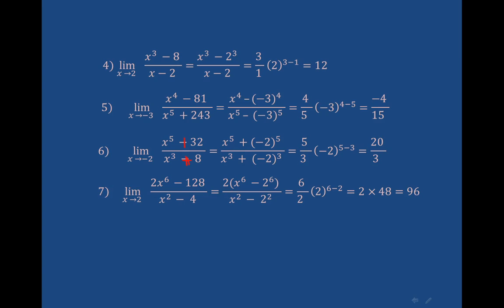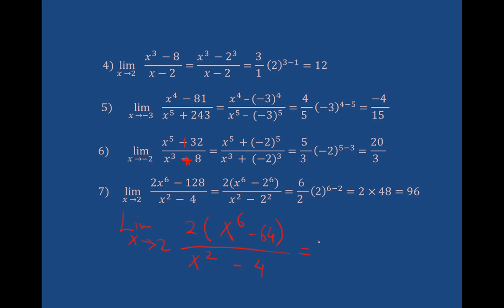Then 2 limit when x tends to 2. I'll take 2 as a common factor, and the remainder will be x power 6 minus 128 divided by 2 equals 64 over x power 2 minus 4.